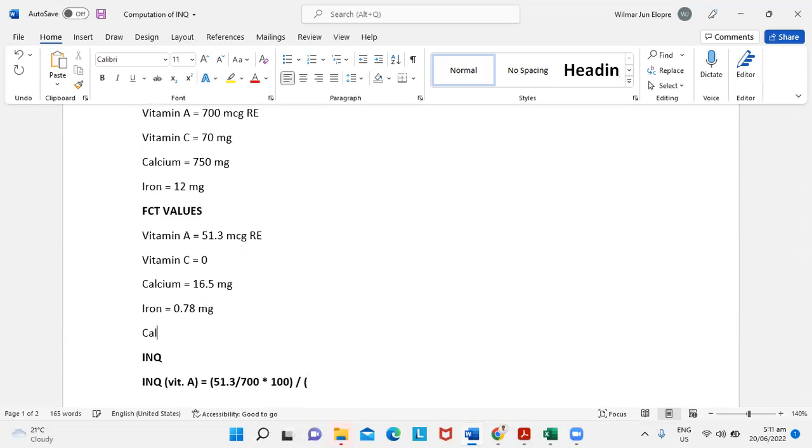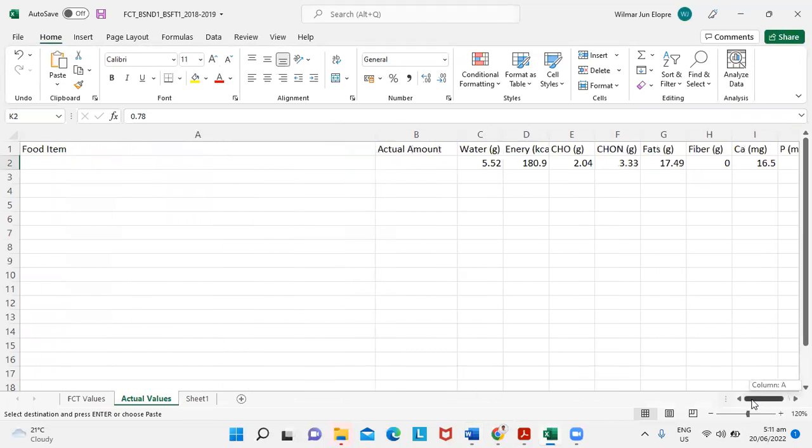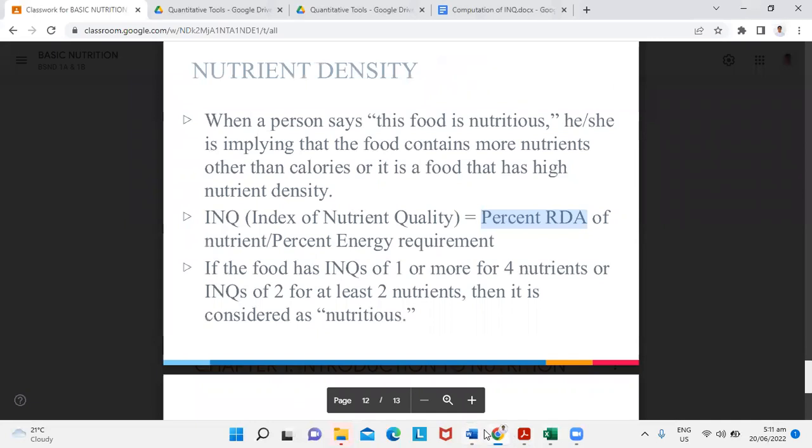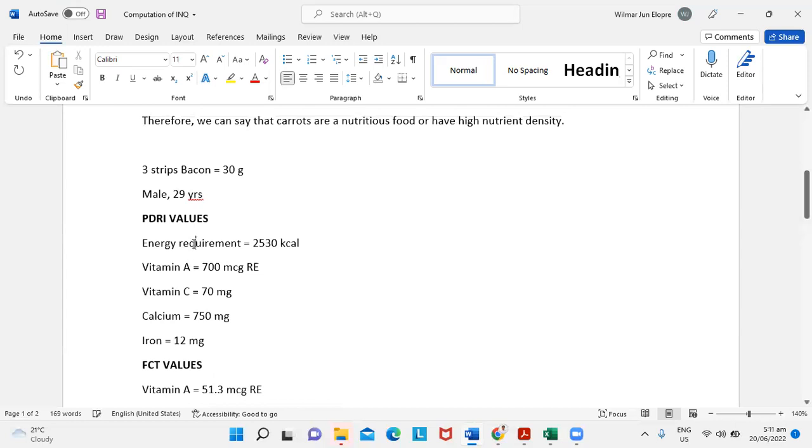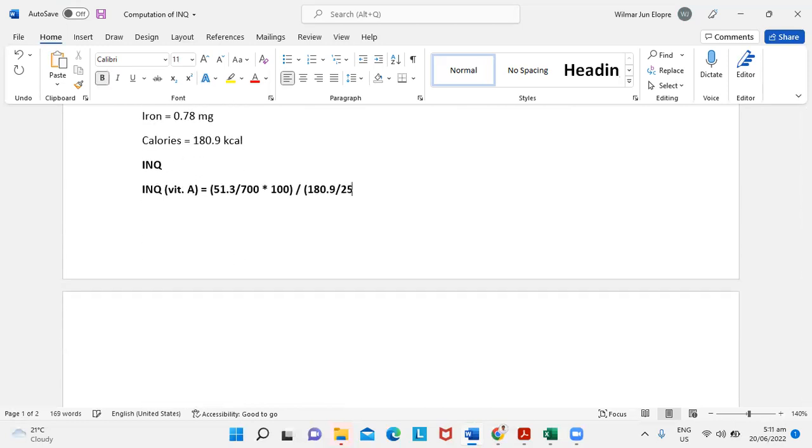Okay. Butang ta g calories diri ay sa bacon. Pila ang calories sa bacon? 180.9. Okay. 180.9 calories. 180.9 divided by TR is 2,530. Okay. Times 100. Okay. So let me get my calculator. Don't forget to bring your calculator during the exam.